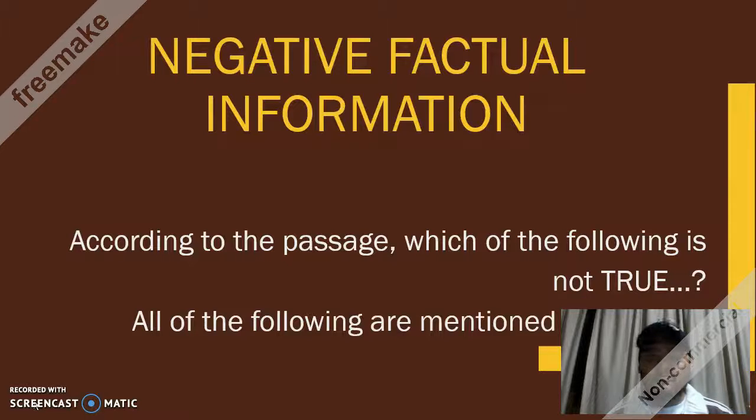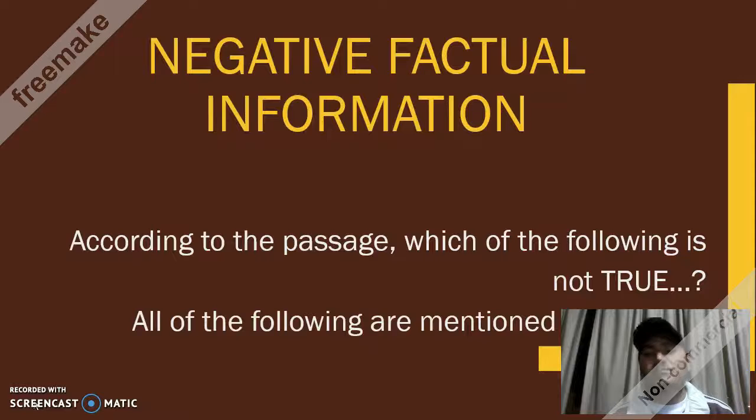The word not true, and the word except are our clue in order to notice that it's a negative factual information. Something that factual information questions and negative factual information questions have in common is that all the information is in the text. It's not something that you have to infer or suppose or imply.